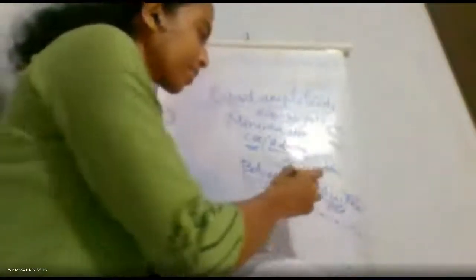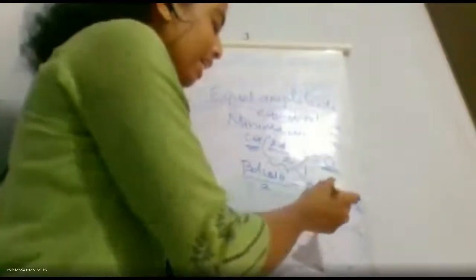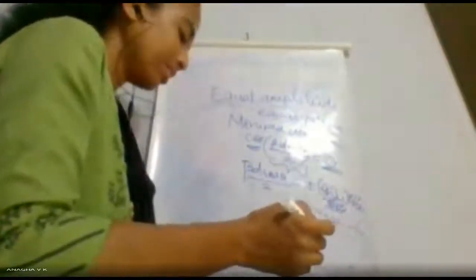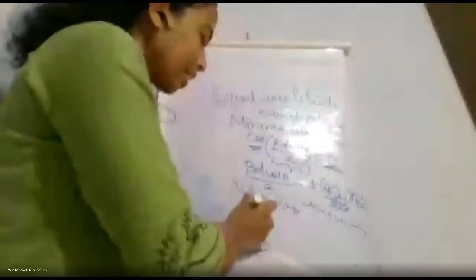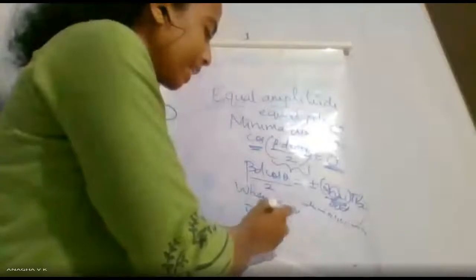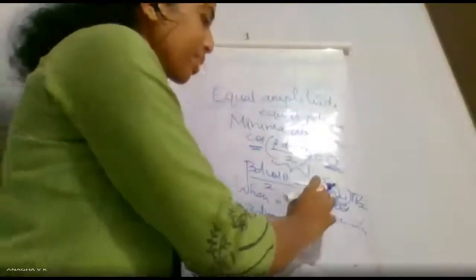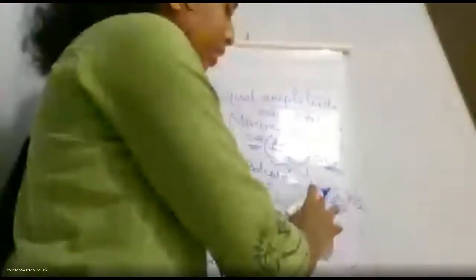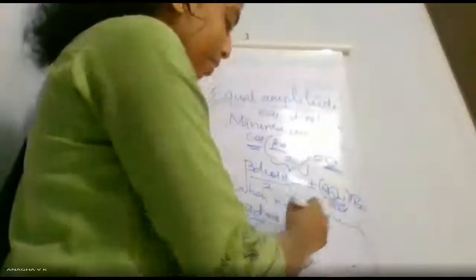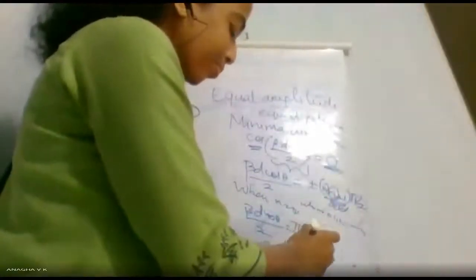When n equals 0, we are taking only the value n equal to 0. So beta d cos theta by 2, substituting n equal to 0, gives (2 into 0 plus 1) into pi by 2, which is pi by 2.